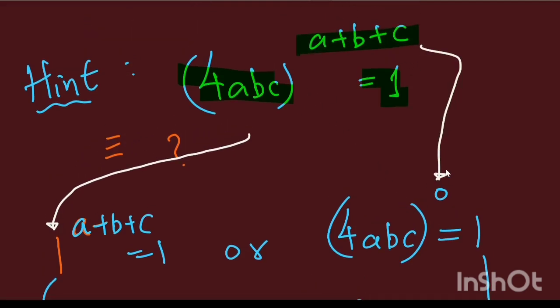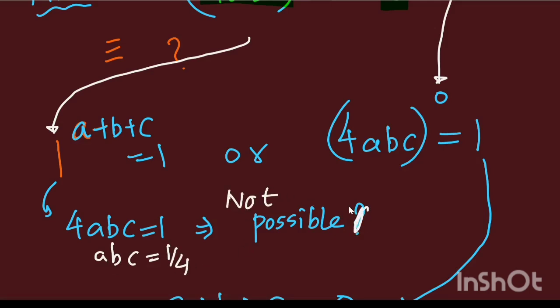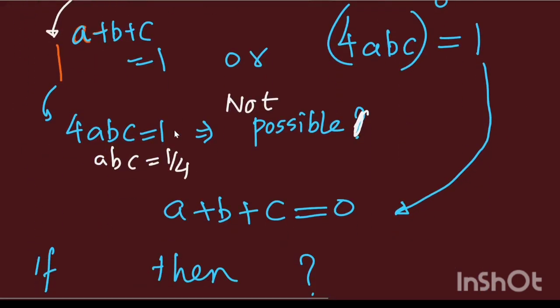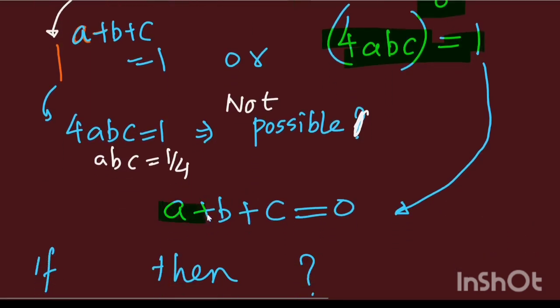Now if 4abc is 1, abc is 1 by 4, which is not possible. Why? Because it is given here that abc is not equal to 1 by 4. So the only possibility left for us is when the power is 0, and the power is 0 when a plus b plus c is 0.